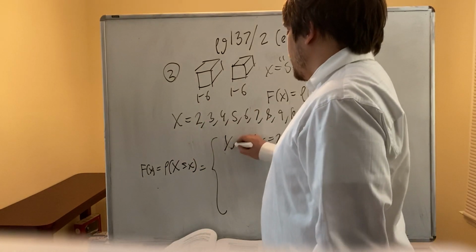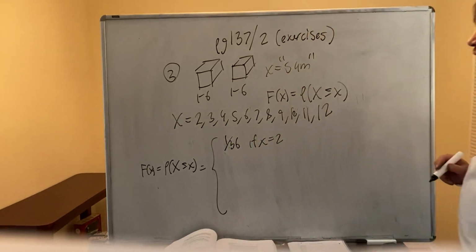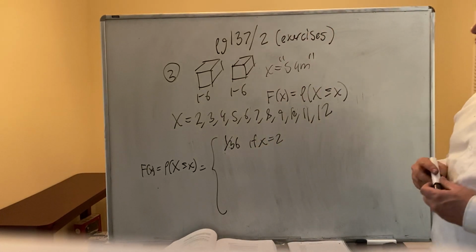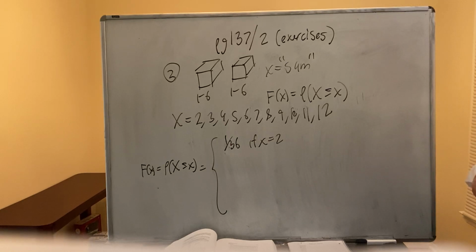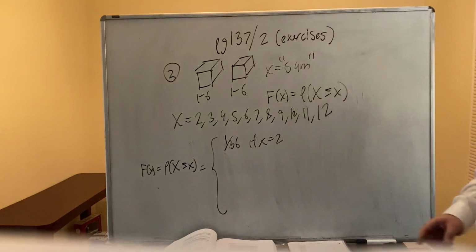That's 1 over 36. There's only a 1 out of 36 chance that the sum is at most 2, because only 1 of the 36 rolls gives you a sum of 2: 1 and 1, 1/6 times 1/6, 1 over 36.